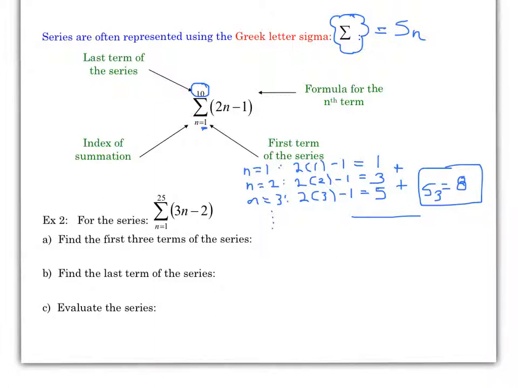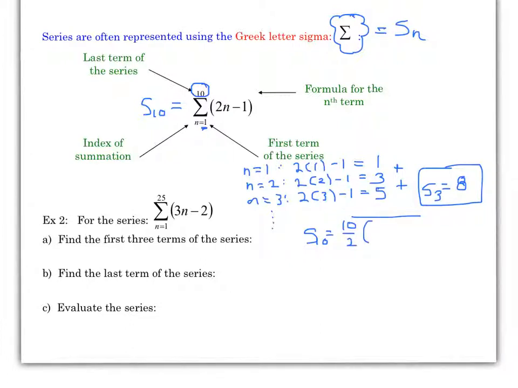Now, I'm not going to sit there and plug in n equals 4 and n equals 5 because that's just time consuming. This is just a shorthand way of saying find S sub 10. Okay, but we have a formula to find S sub 10. Our formula for S sub 10 is S sub 10 equals 10 divided by 2.